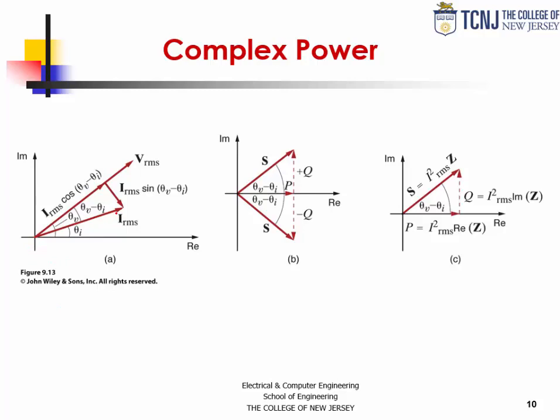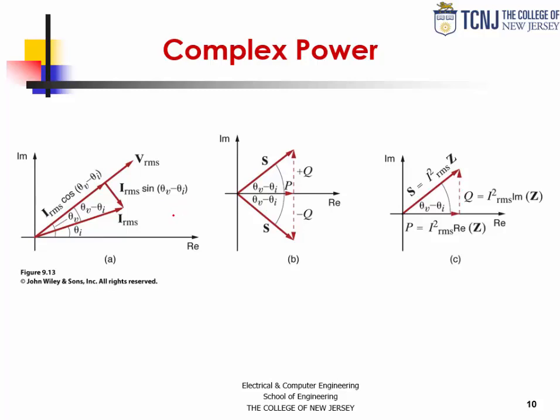If we have some current vector at an angle of theta I, and we have some voltage vector at an angle of theta V, all referenced from the real axis, we see that this angle over here is the difference theta V minus theta I. Therefore, the projection of the current onto the voltage vector is going to be the magnitude of the current times the cosine of theta V minus theta I, and the other component of this vector orthogonal to the voltage vector is going to be the magnitude of the current times the sine of the difference between theta V and theta I.